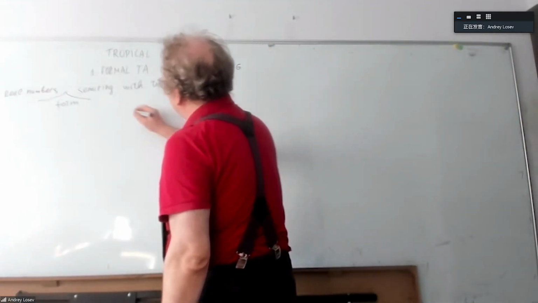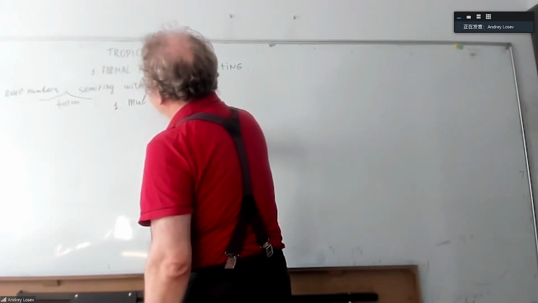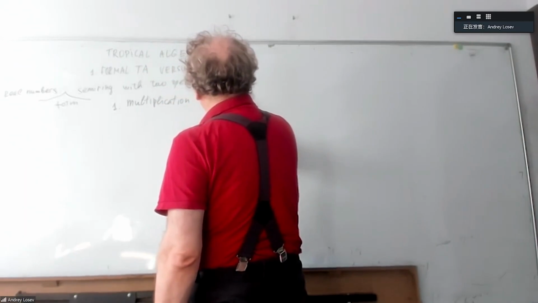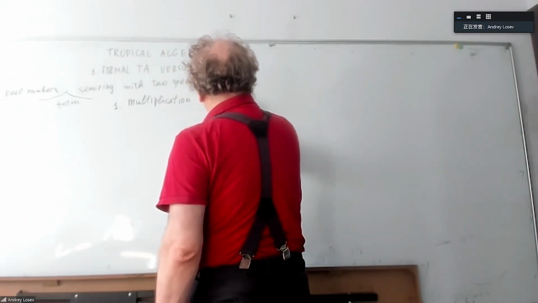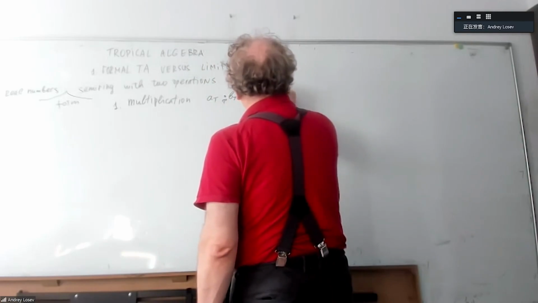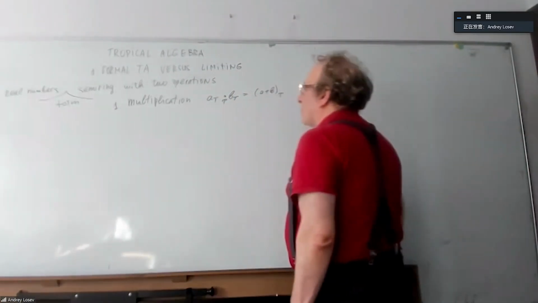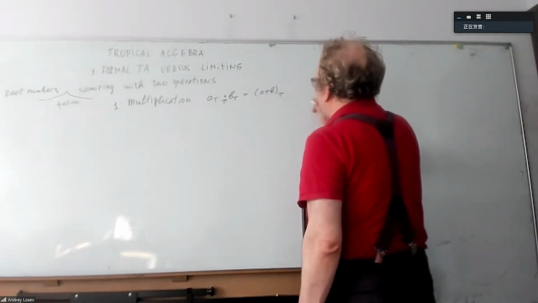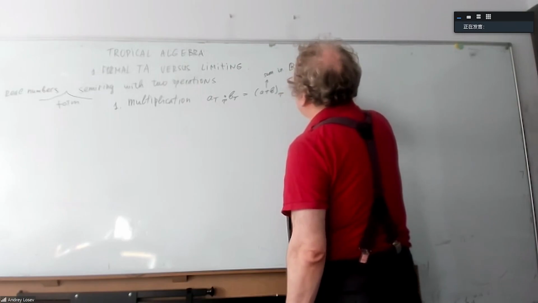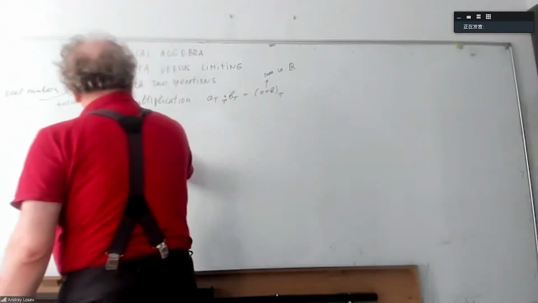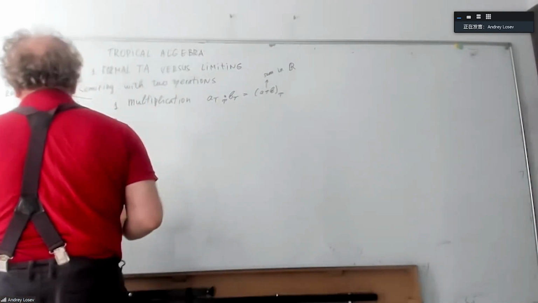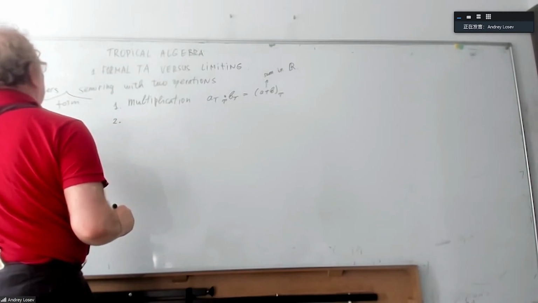First operation is multiplication. A tropical, tropical multiplication, B tropical is A plus B considered as a tropical number, and this is the sum in R. Second property, so probably I still should put here not real but positive.